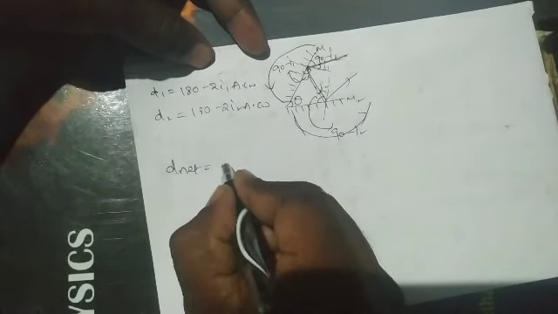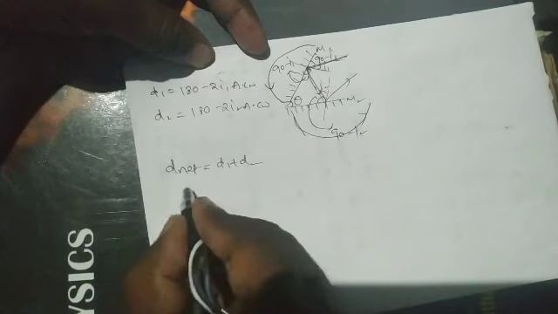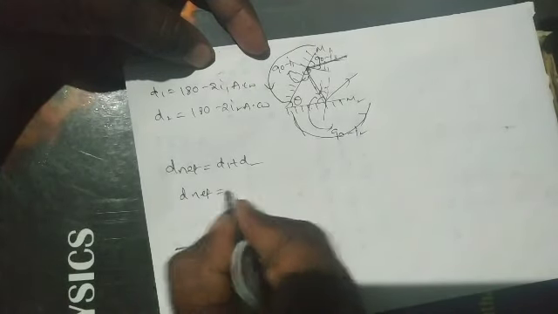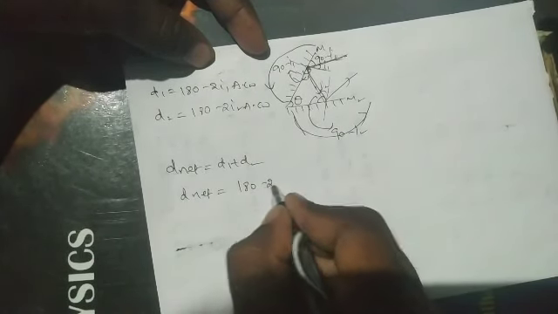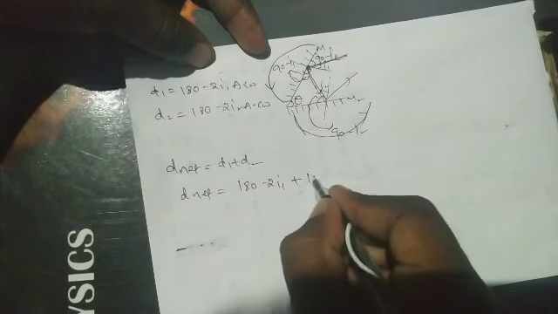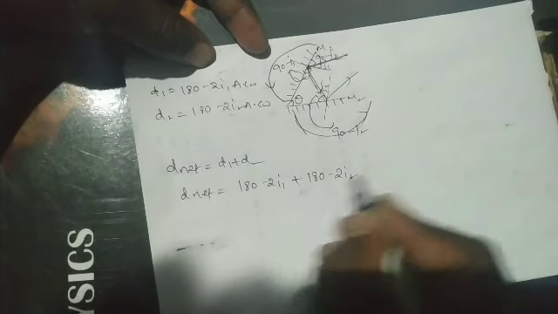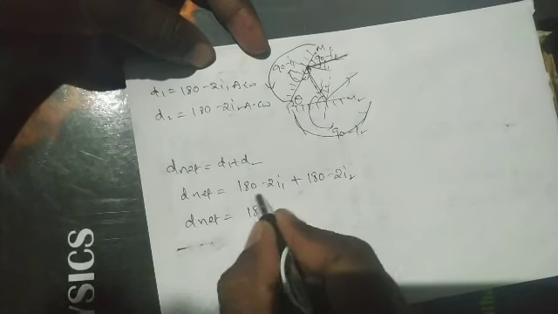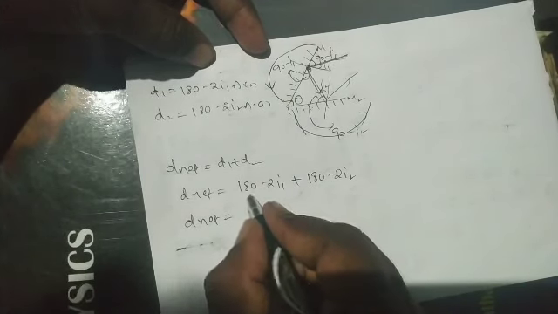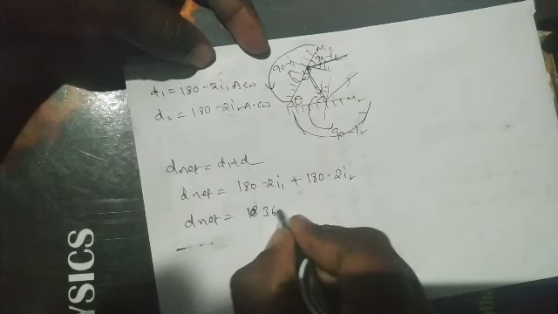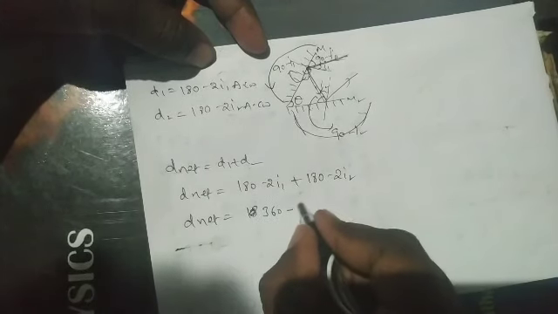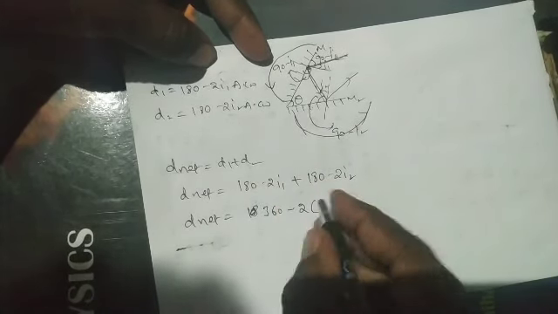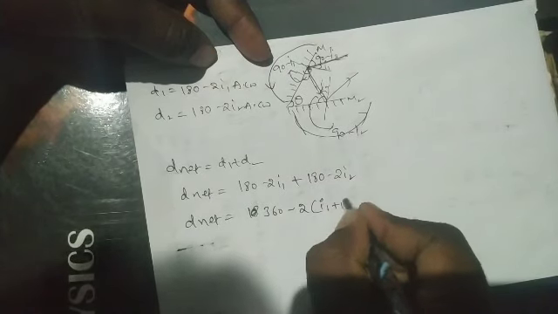So we find the net deviation. D net is equal to d1 plus d2, that is, D net is equal to 180 minus 2I1 plus 180 minus 2I2. So D net is equal to 360 degrees minus, 2 is common, so 2 into I1 plus I2.